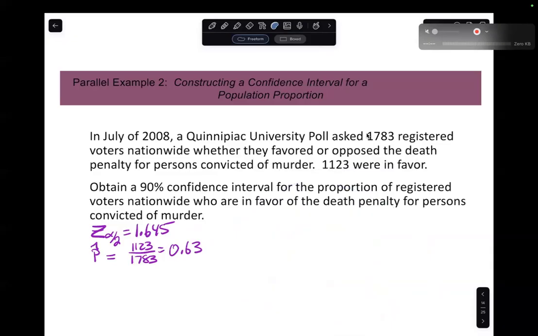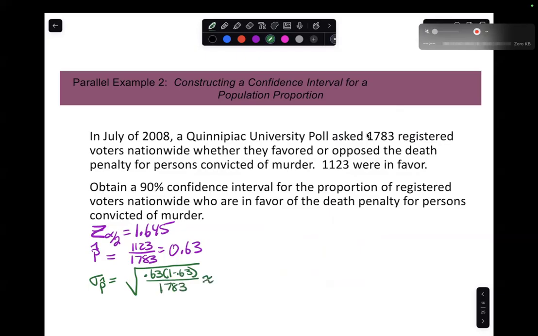Okay, my standard deviation. Now you can do all of it in one big math swoop, but I'm not going to do that because I want to baby step through this. I can just put all of it in my calculator all at once and get numbers, but I kind of want to baby step through this. So we're going to do our standard deviation sub p hat, and it's going to be the square root of my p hat 0.63 times 1 minus 0.63 divided by my sample size, which is 1783.